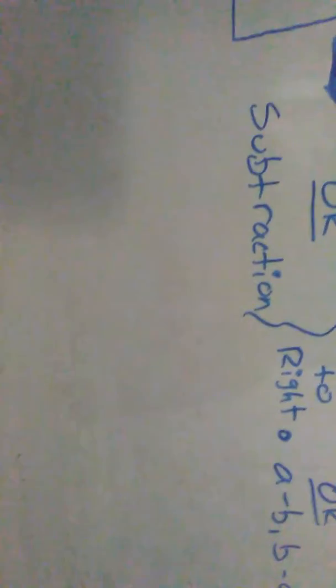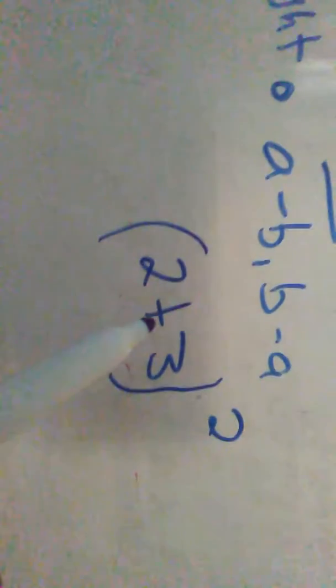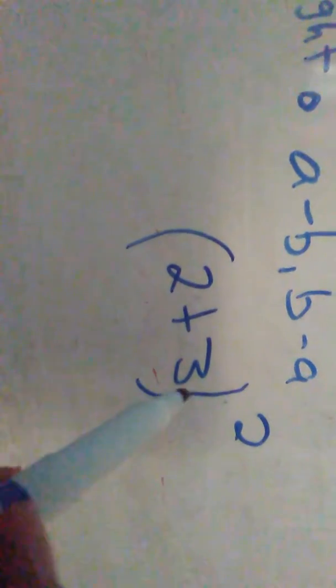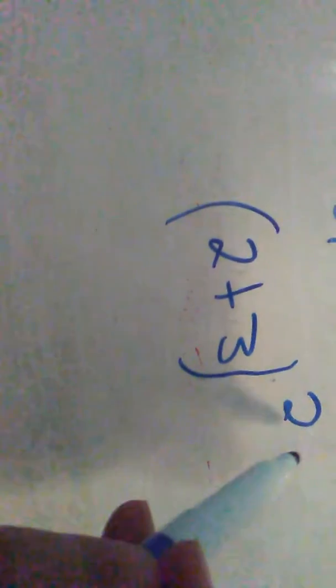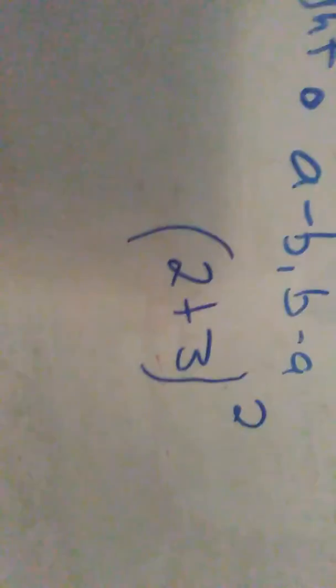So, for example, if I have, let's say, the quantity, can you see that? Okay, the quantity of 2 plus 3. Maybe I should make that look more like parentheses, huh? Okay, the quantity 2 plus 3, and I'm going to square that whole thing. This is what this 2 means. We're going to go over exponents in a minute.